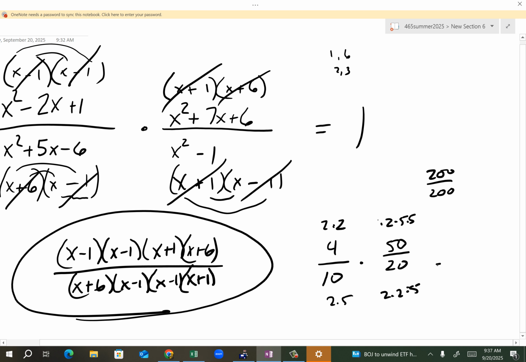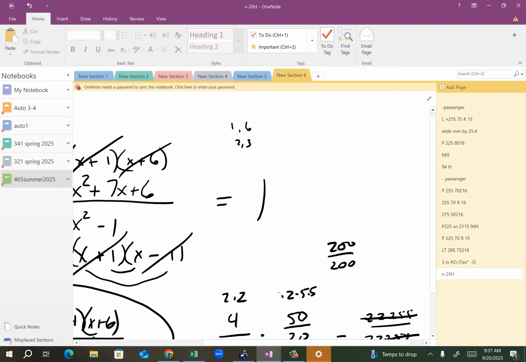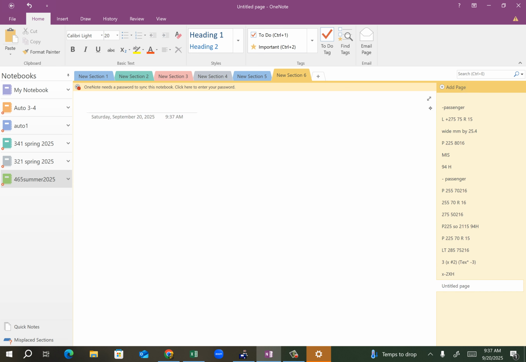Now, if you put them all the way on top, you get 40 times 50, which is the same as saying 2 2 2 5 5 over the bottom, which is 10 times 20, which is 2 times 2 times 2 times 5 times 5, dot dot dot, 1. Yes, it's the same thing. It's kind of weird. I didn't mean to do that, but it works. So that's neat.